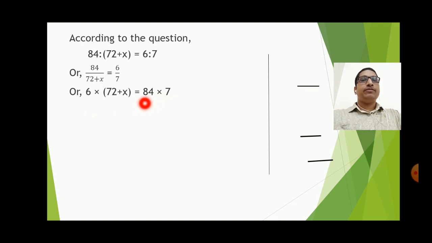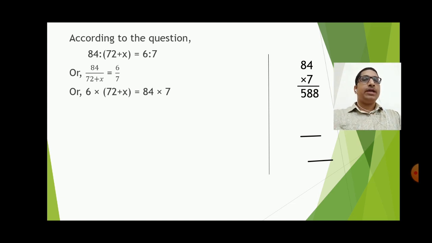So at first we will see, if we multiply 84 and 7, then it will be what? 84 multiply 7. So 7 fours are 28, so 8 and carried number 2, and 7 eights are 56, carried number 2, 58.